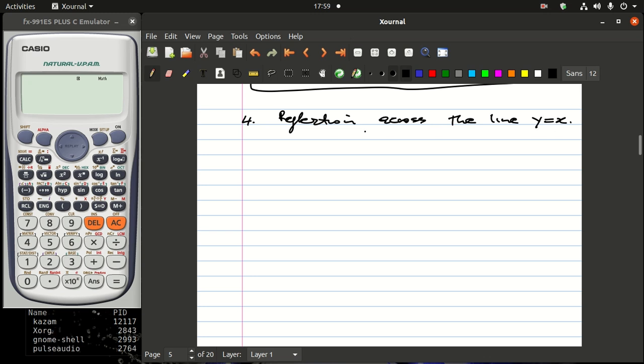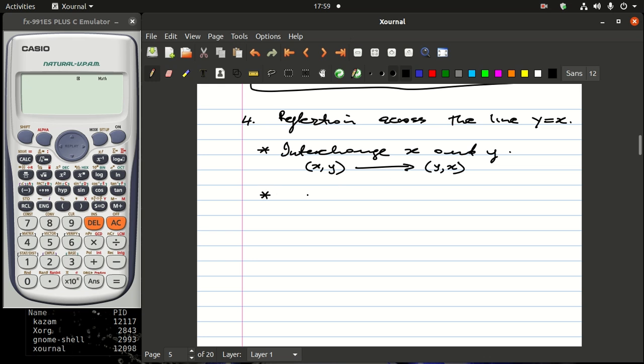So I want us to talk about the reflection across the line y is equal to x, and what this reflection is actually doing. This reflection is saying interchange x and y. In other words, if you are given some coordinate on the curve, you will end up having a reflection of this point as (y, x). So that is what is important here.